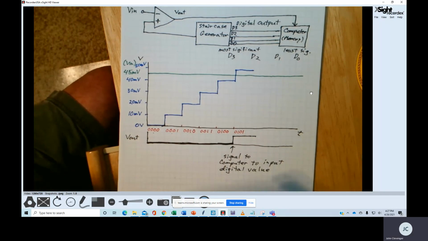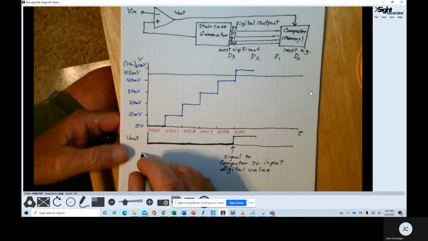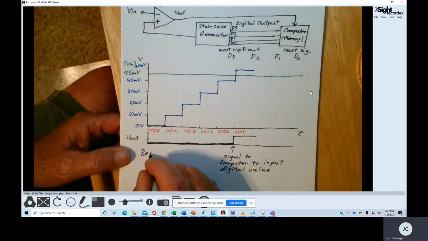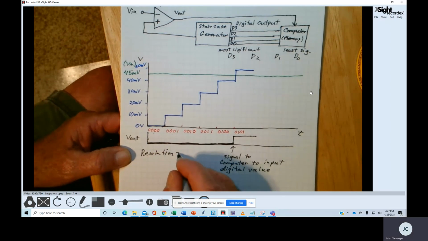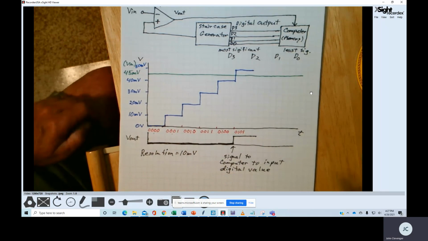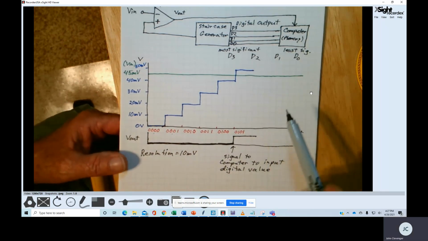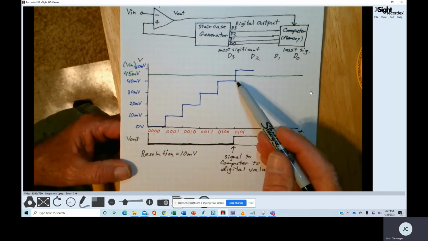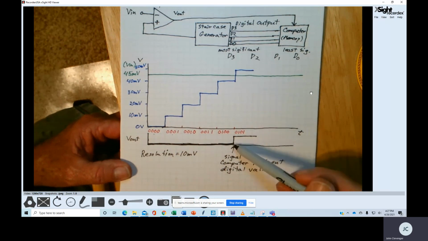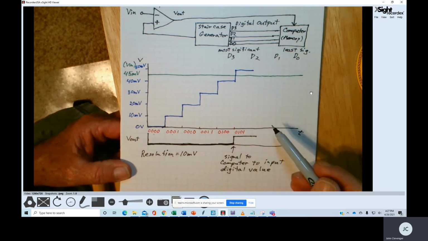Now, for our system here, the resolution is 10 millivolts. Notice that when we went from 40 millivolts to 50 millivolts, that's when the output of the comparator changed.